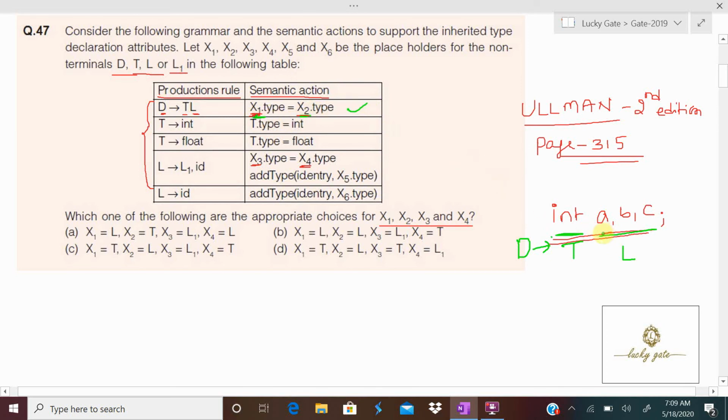So means here I can say the type of ABC is integer. It means L type equals to T type, means L to T type.